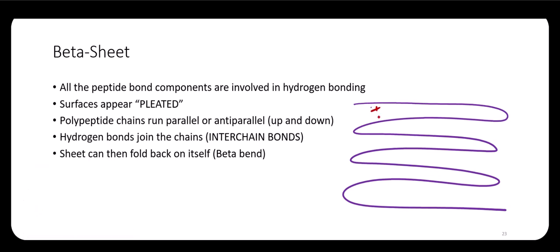I'm going to have my little pluses attract to little minuses, minuses to pluses, and so on. And that's going to hold my configuration in this back and forth way that we just drew it. So it's the same thing, carboxyl oxygen to amino hydrogen. And I'll have all these pluses and minuses and so on, just holding this whole thing together.